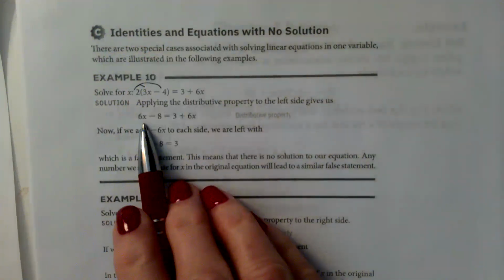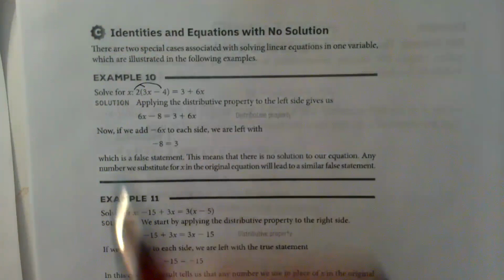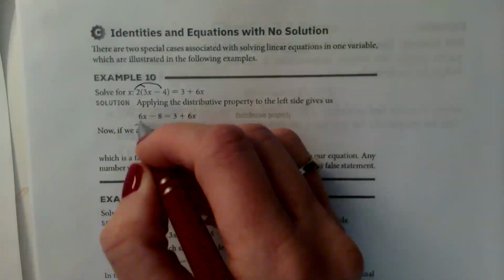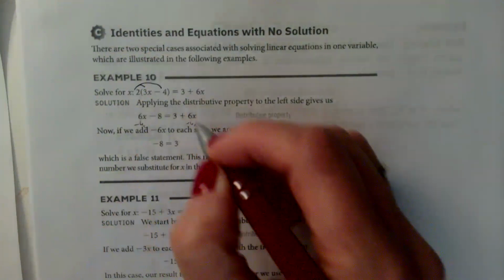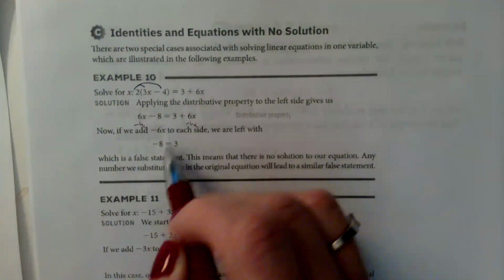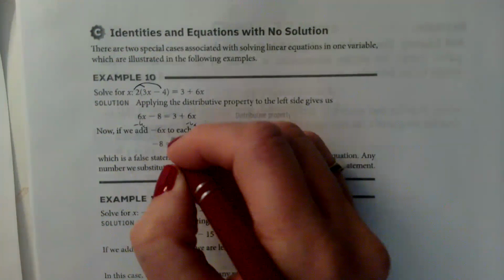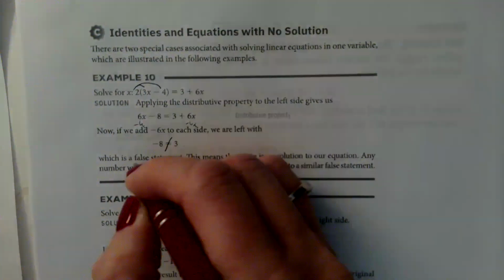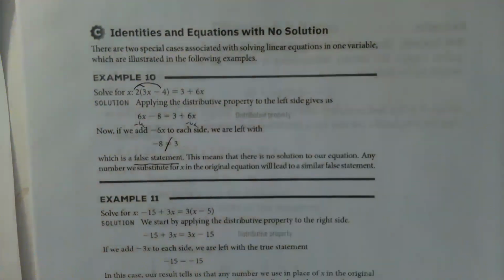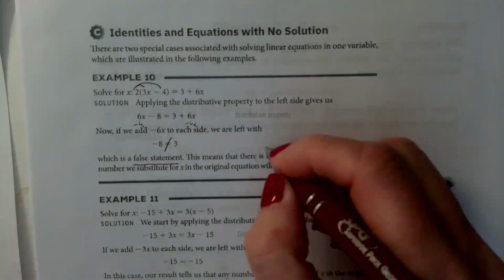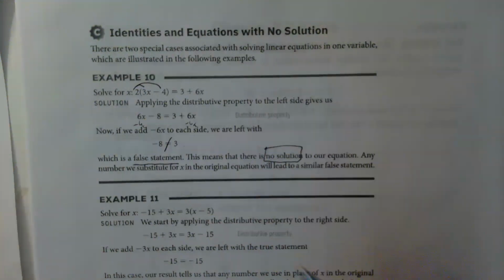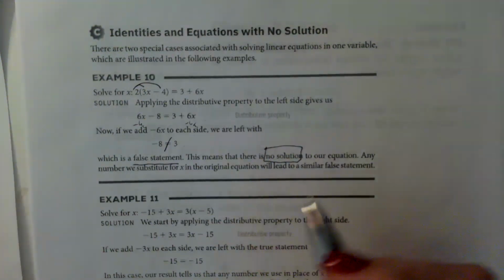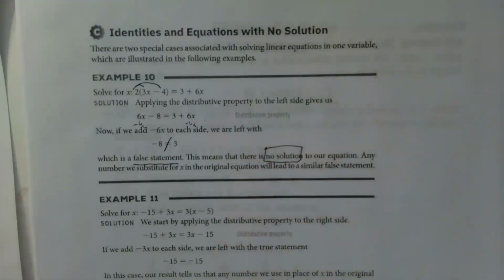Then if we subtract 6x from both sides, it ends up canceling both of the 6x's, and we end up with a negative 8 equals 3, which is not true. It's a false statement. So that means there is no solution. Sometimes it happens where you get a false statement. That means there's no solution. That is a possibility.